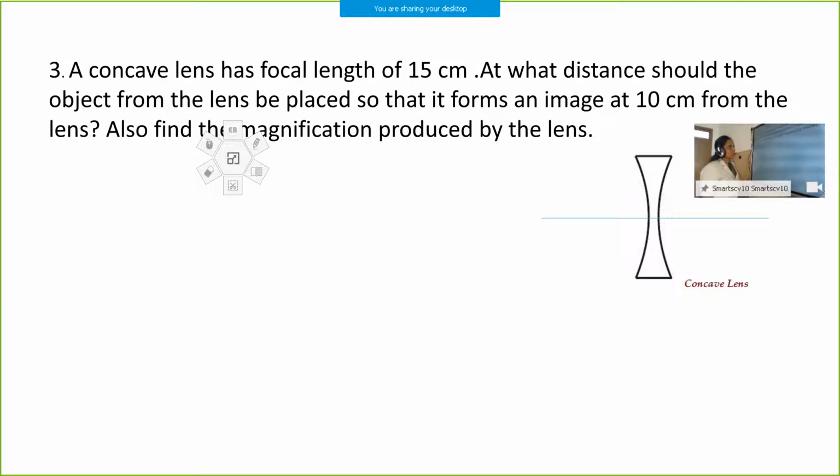At what distance should the object from the lens be placed so that it forms an image at 10 centimeter from the lens?